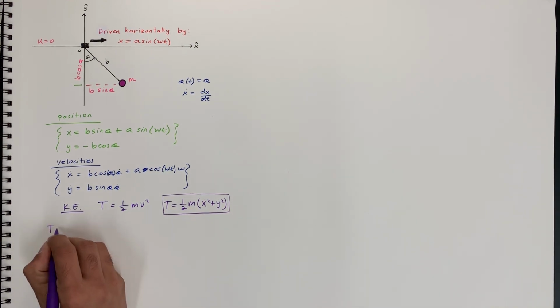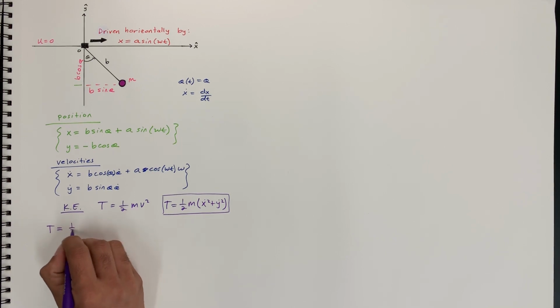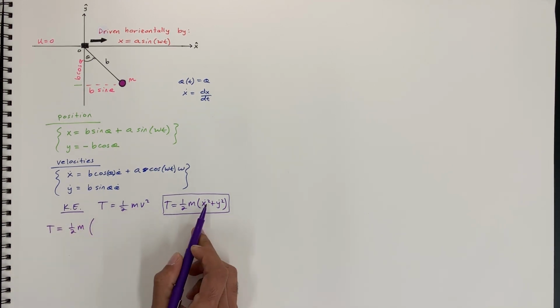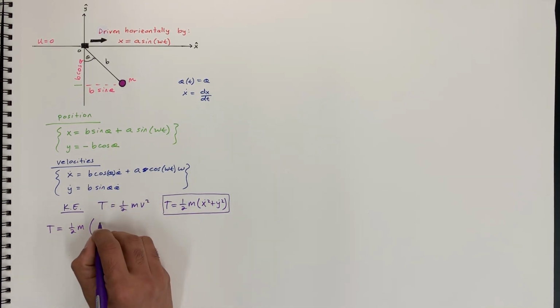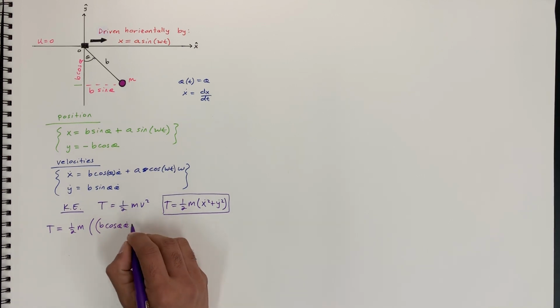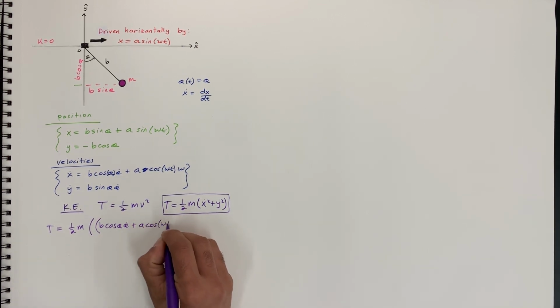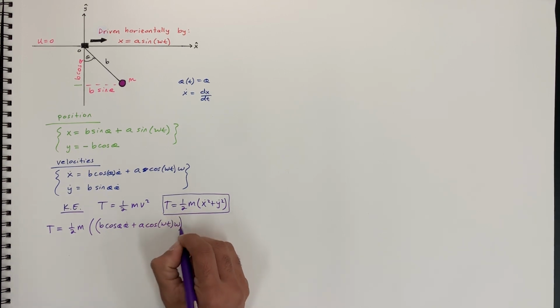So our kinetic energy is going to be 1/2 m, and we have x dot, which is b cosine theta, theta dot, plus a cosine omega t, omega, all of that squared.